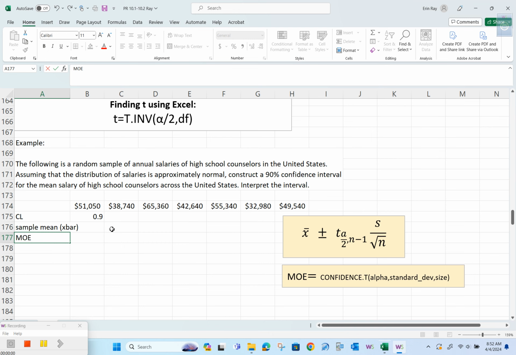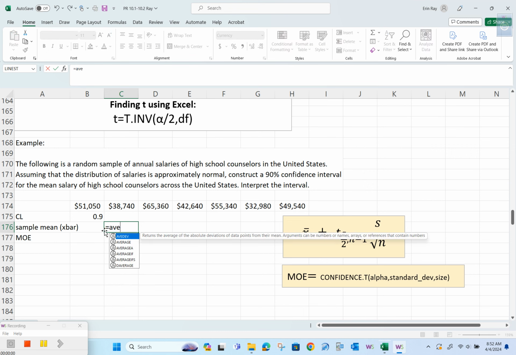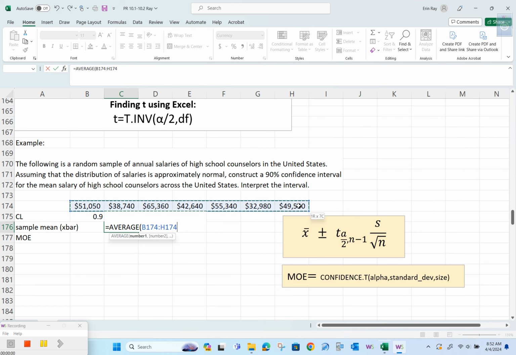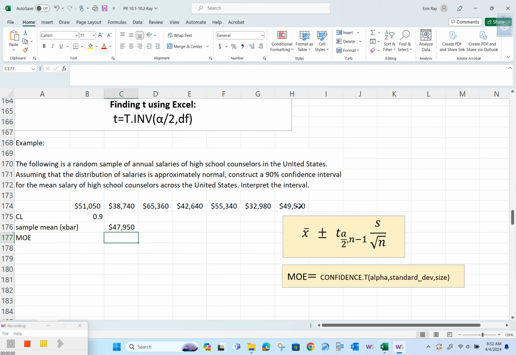Okay, we're going to start with sample mean. We weren't given it because we were given those individual values in the sample. We can calculate it using equals average in Excel. So we're going to do that here first for our X bar. Then I'm going to go ahead and delete this margin of error for right now because we've got to find these other things, S and N, because we were only given sample information. Make a note of that: only given a sample.